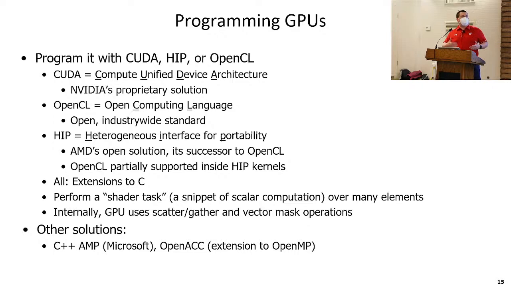That means if you look at a GPU program, it's going to look very, very similar to a C or C++ program, except it's going to have these extensions for moving data back and forth to the GPU, or for massively parallel kernels on the GPU. And internally, they have support for all sorts of different things, depending on what your threads are trying to do.